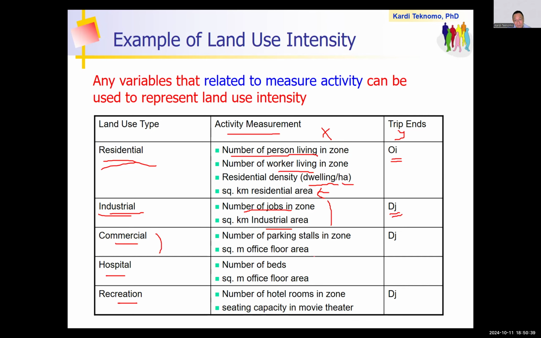Commercial area, you are talking about, for example, the floor area, the number of parking stalls in the zone, and so on. Everything that is residential will produce trip production, O_i. Everything that is non-residential is always D_j, meaning trip attraction. They are attracted to that.